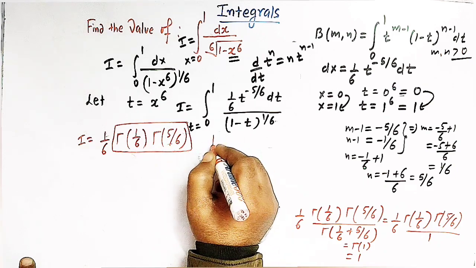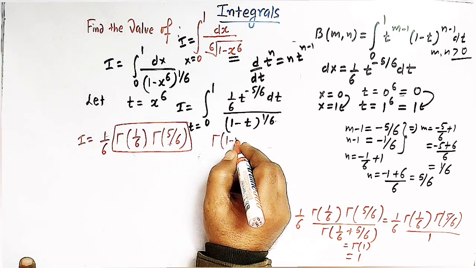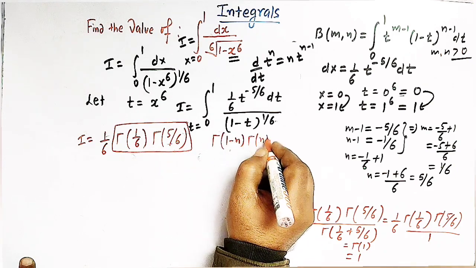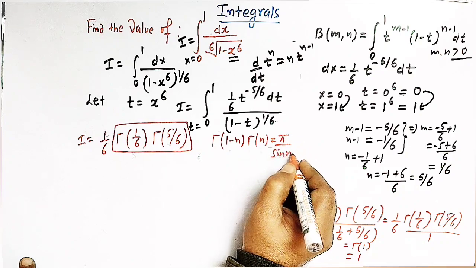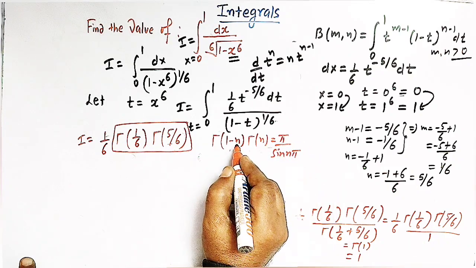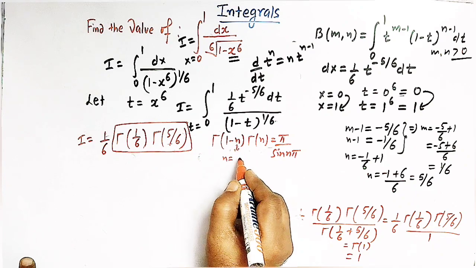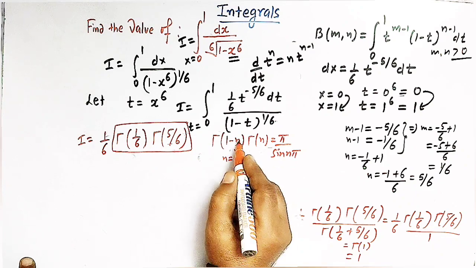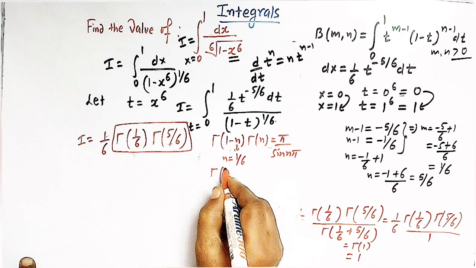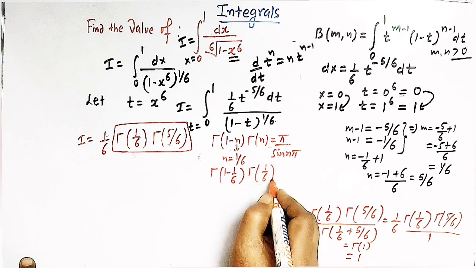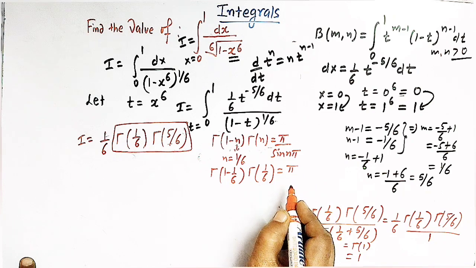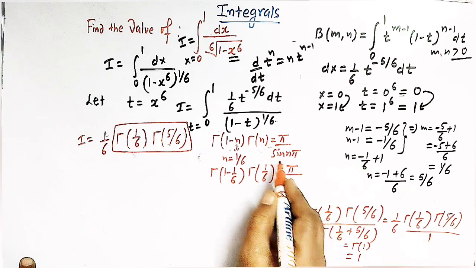And the reflection formula goes like this: gamma(1 minus n) times gamma(n) is equal to pi divided by sine n pi. Right? So if we take this n as 1 over 6, then we have gamma(1 minus 1 over 6), gamma(1 over 6), and here we have pi divided by sine n pi.